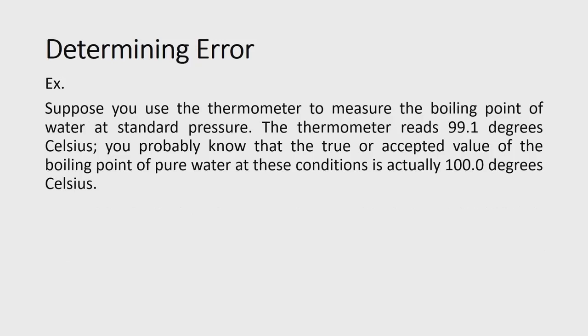Suppose you use a thermometer to measure the boiling point of water at standard pressure. The thermometer reads 99.1 degrees Celsius. And you probably know that the true or accepted value of the boiling point of pure water at these conditions is actually 100 degrees Celsius.